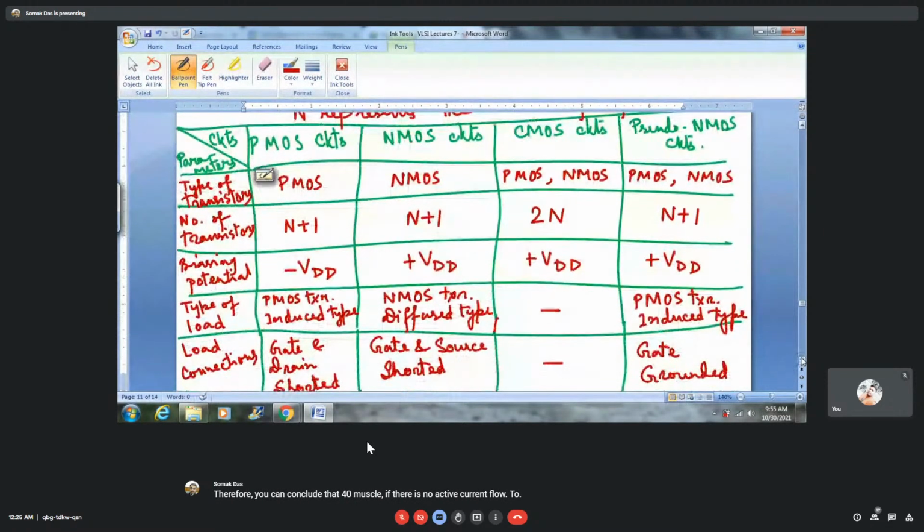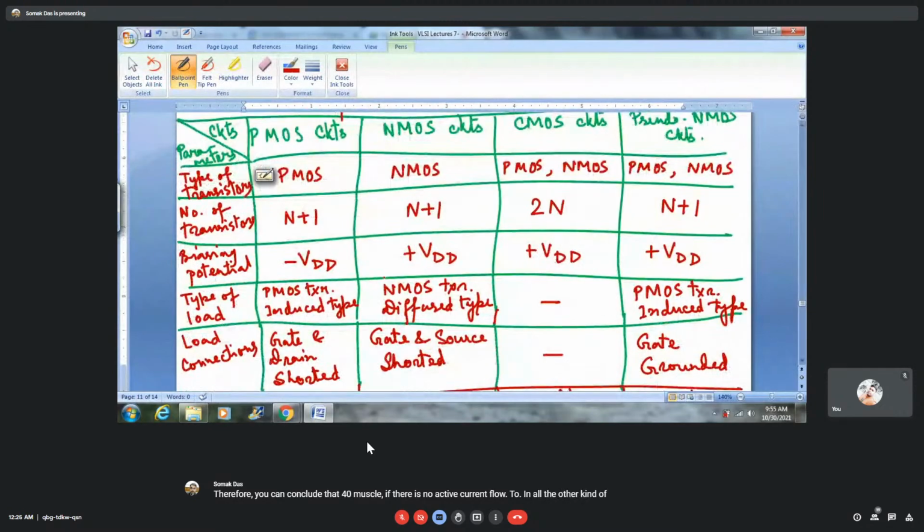In all the other kinds of circuits, there is a certain amount of active current flow through the circuit, and therefore the power efficiency is not 100% for PMOS, NMOS, or pseudo NMOS circuit, which is 100% for CMOS circuit.